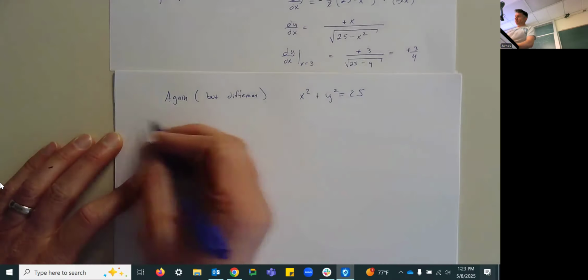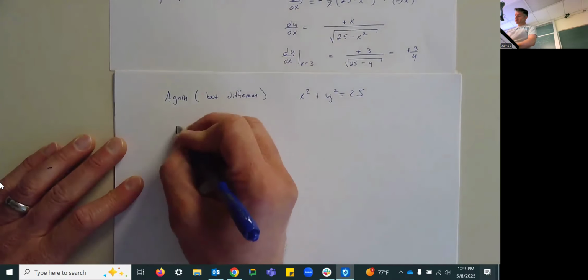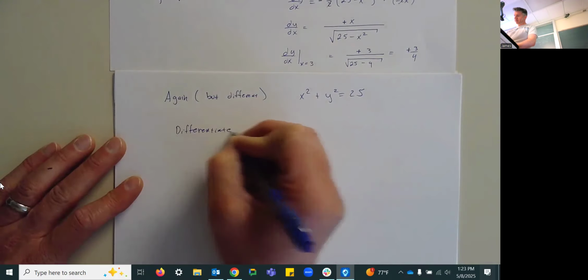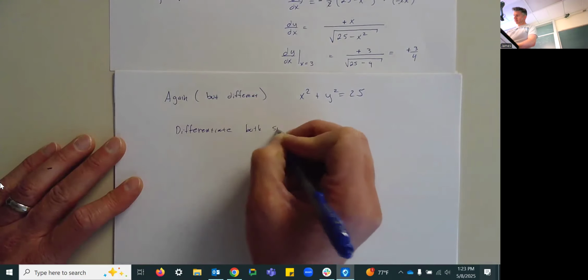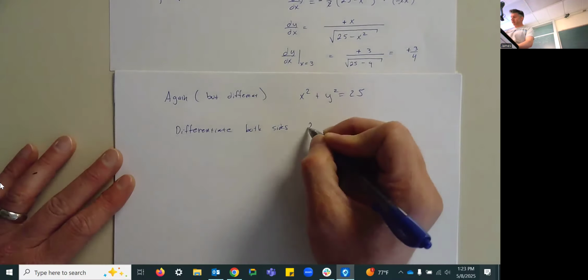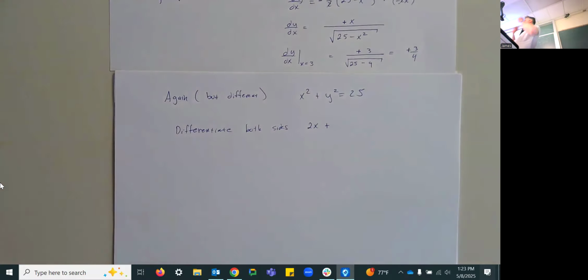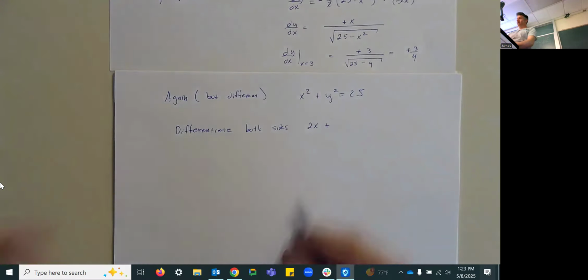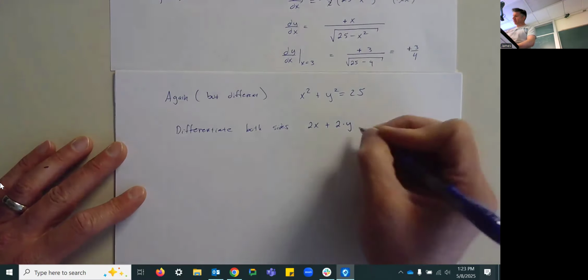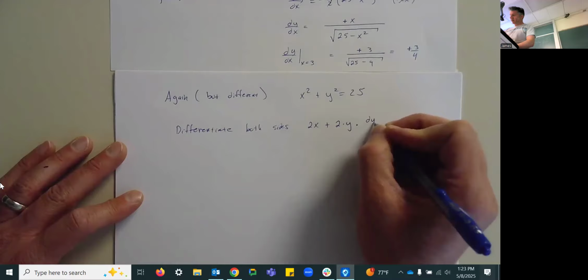So if I differentiate both sides, the derivative of x squared is 2x. How nice. But y, we're imagining that y is a function of x. So the derivative of y squared is going to be 2 times y to the first times the derivative of the stuff.